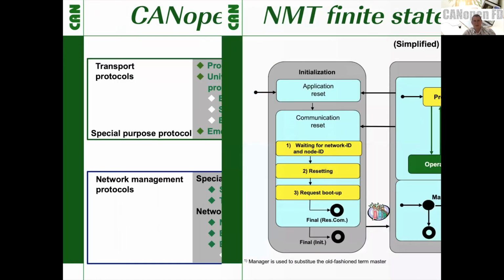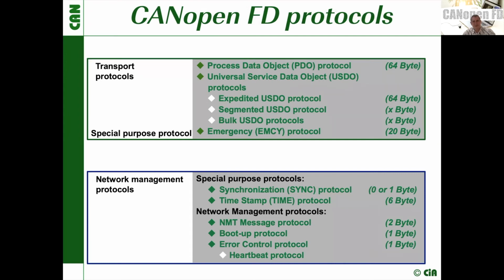You see here the lineup of our services. On the one hand, we have the lengthened PDOs covering 64 byte, and we have the very powerful new universal service data object, which is enabled to set up dynamic cross-communication channels between the devices on demand and provides a lot of communication capabilities.